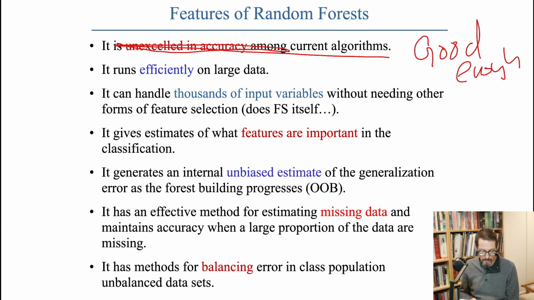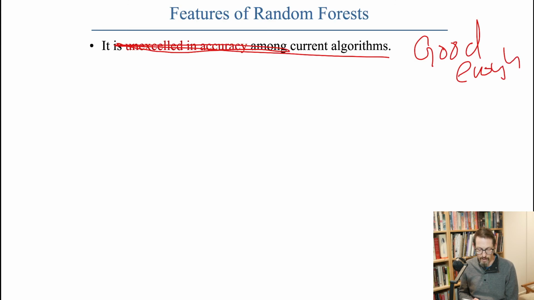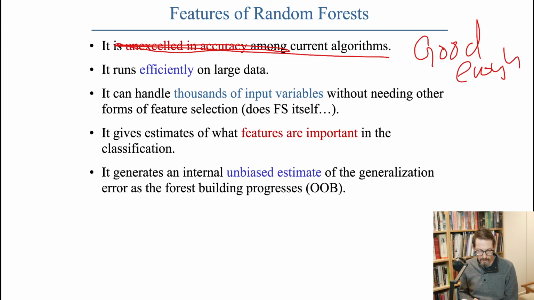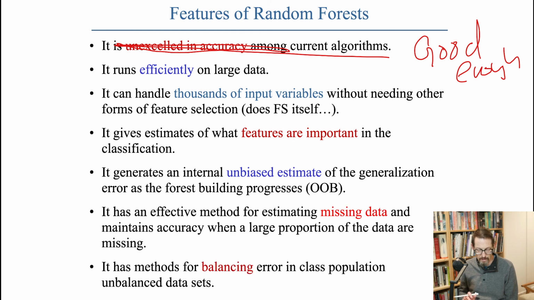It also has methods for balancing the class proportion. So if you have healthy and cancer patients, during the resampling process, bootstrapping, you can correct for that error.